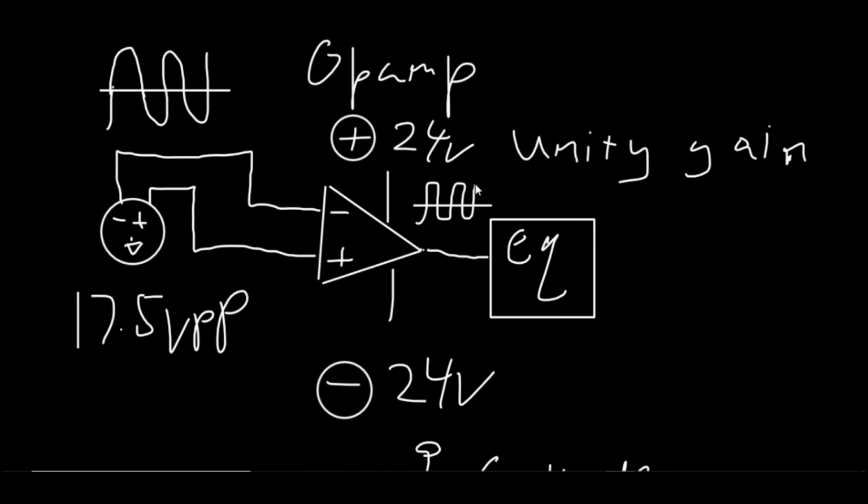If you're familiar, anything that looks more like a square wave would be characterized as distortion.